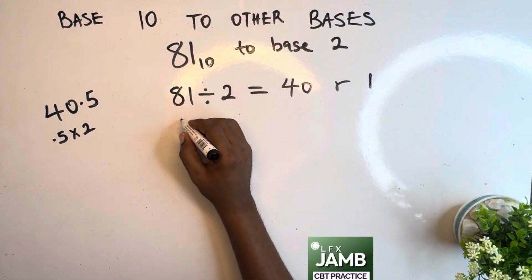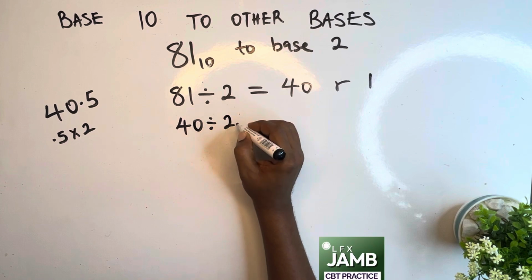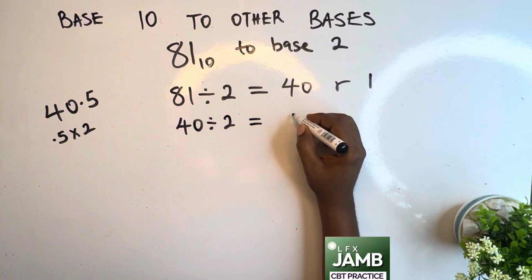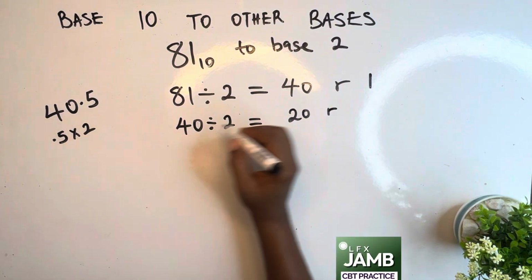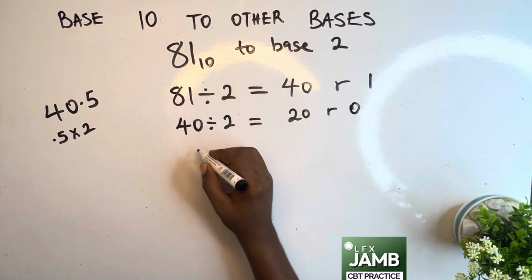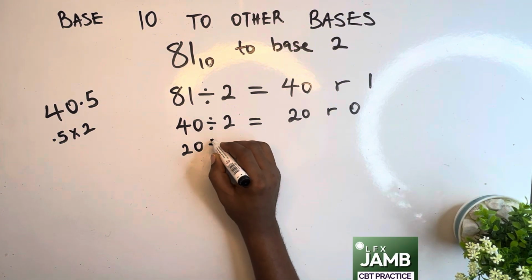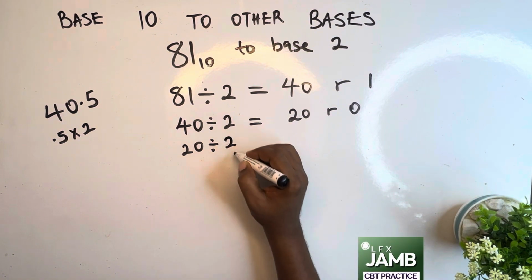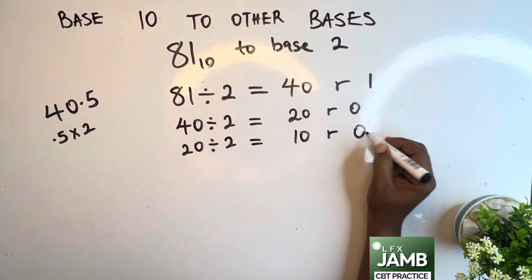So the next division is 40 divided by 2. 40 divided by 2 will give us 20. It should be remainder 0. So the next one is 20 divided by 2. 20 divided by 2 is 10. Remainder 0.